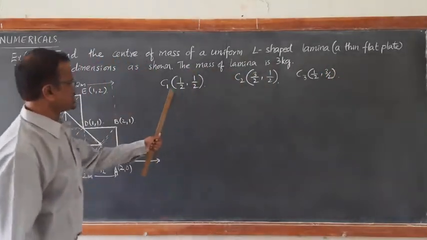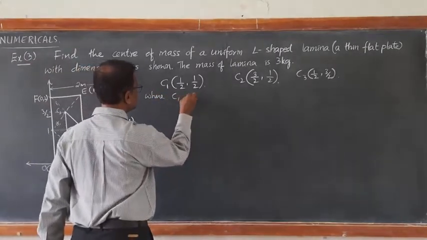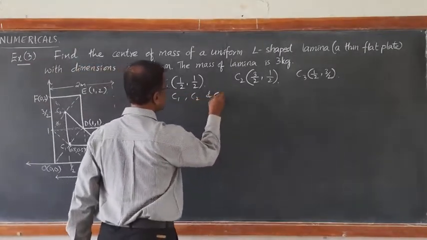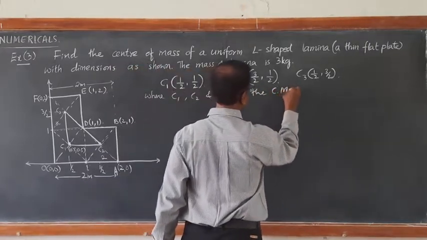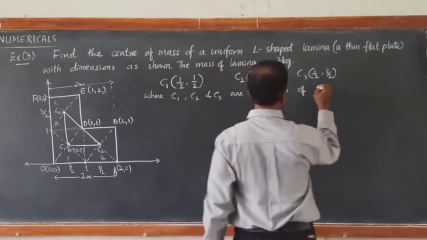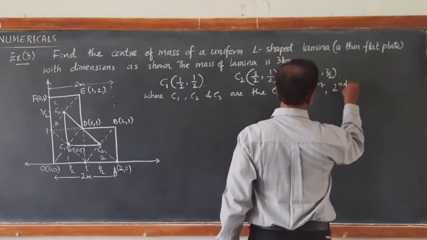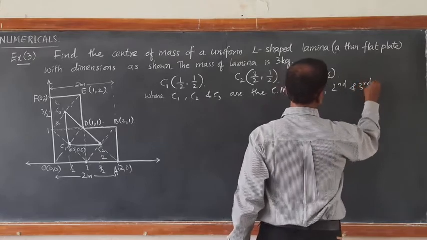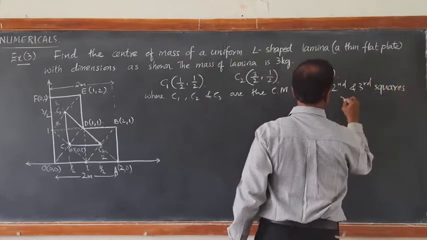So C1, C2, C3, where C1, C2 and C3 are the center of mass of the first, second and third squares respectively.